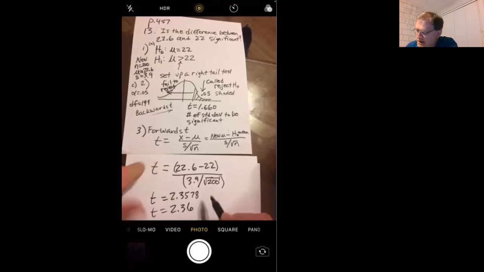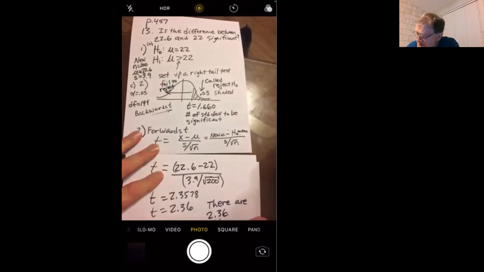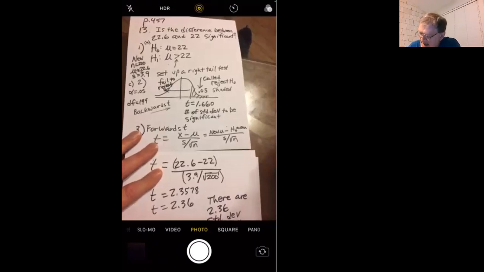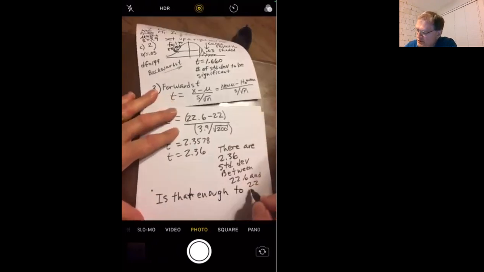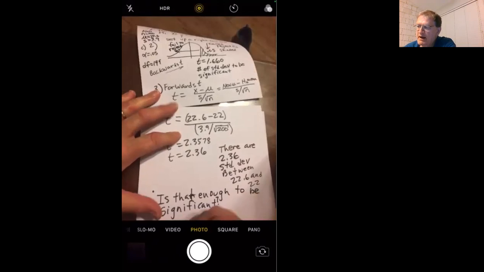What it says is there are 2.36 standard deviations between 22.6 and 22. Is that enough to be significant? That's the purpose of step 4.